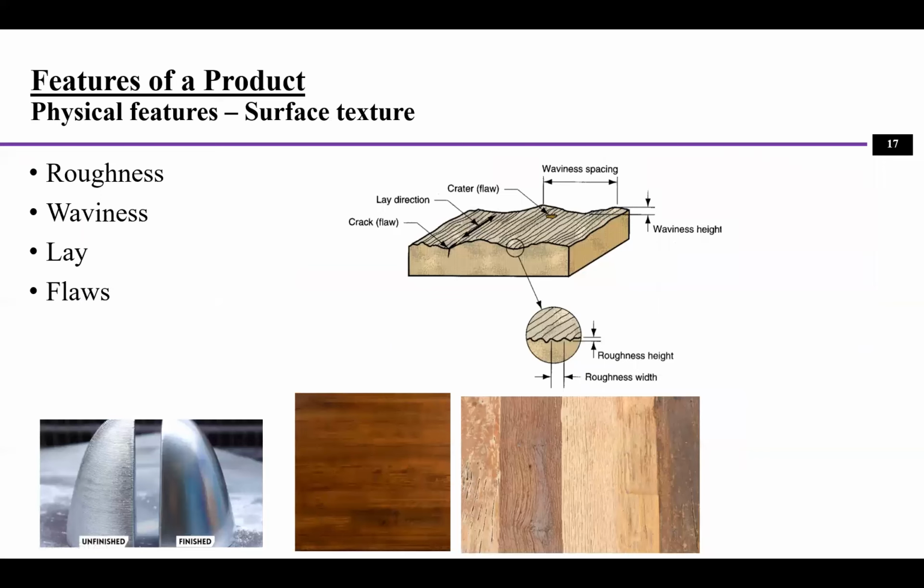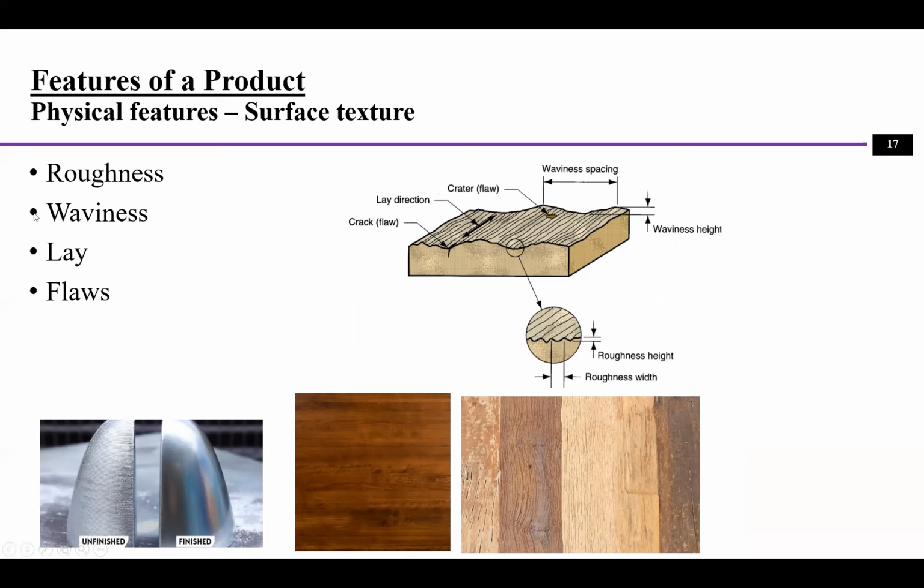And the surface texture really includes several aspects. One is the roughness. When we are talking about roughness, basically it is these very tiny waves on the surface.